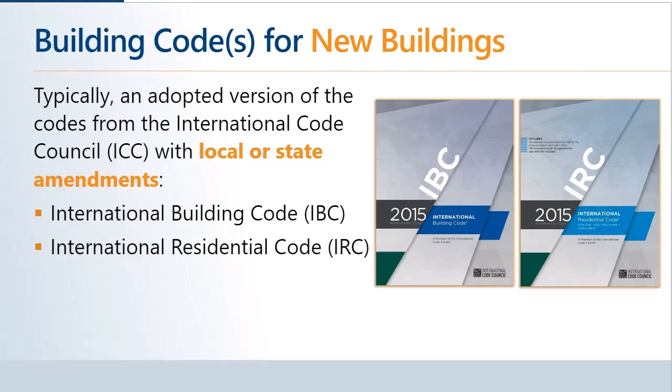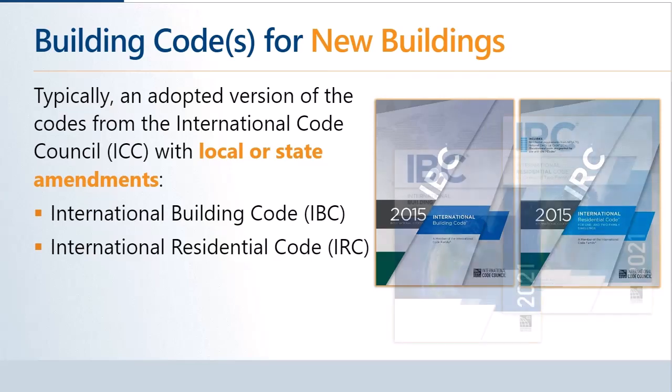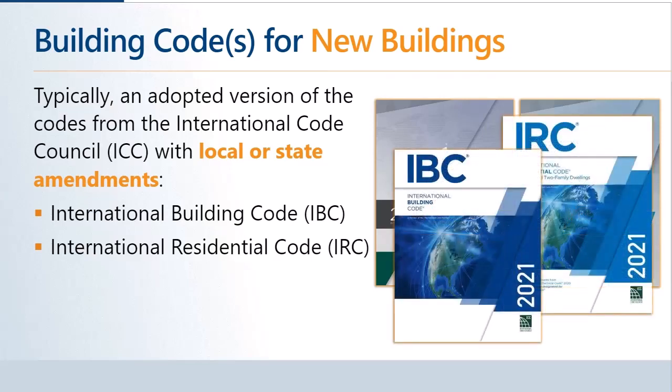You may have a different edition. They're updated on 3-year cycles. I'm showing the 2015 because that's what Michigan and a number of us in the Midwest are on. The most current one that could be adopted is the 2021. The 2024 code cycle is wrapping up, and those books will become available soon. And the 2027 cycle is actually about to begin.